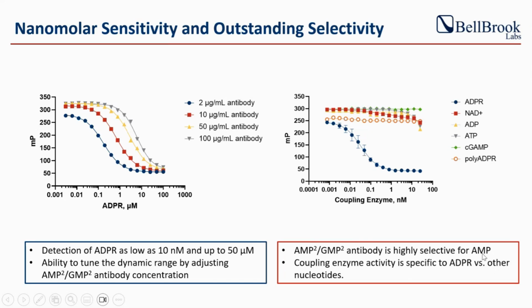And for the coupling enzyme, as you can see, it has very specific activity toward ADPR compared to similar nucleotides such as NAD, as shown here. So overall, this assay is very selective for detecting ADPR.